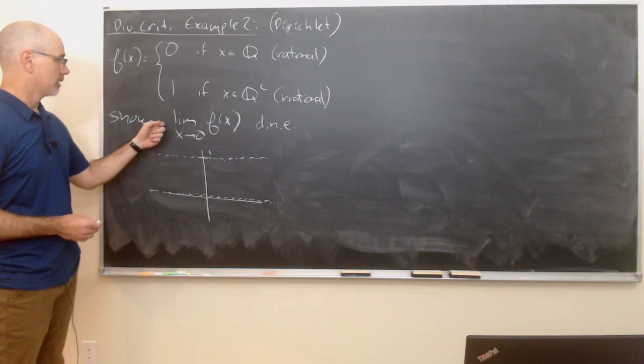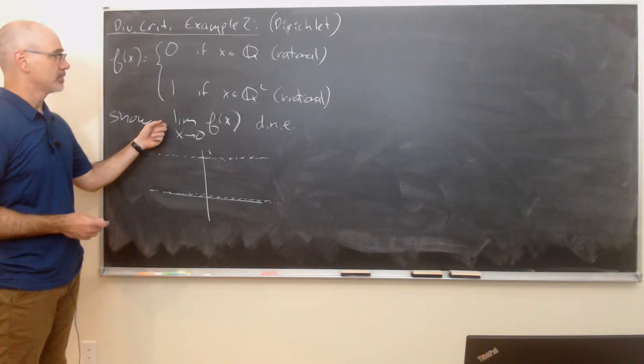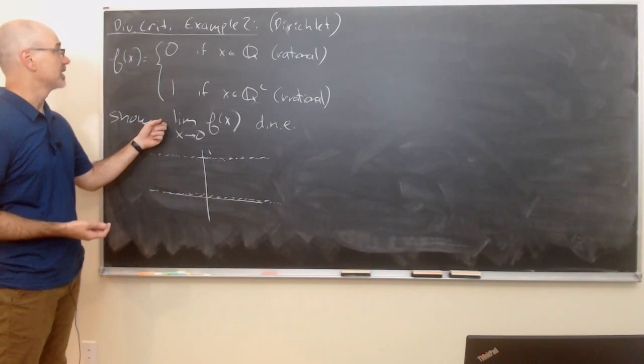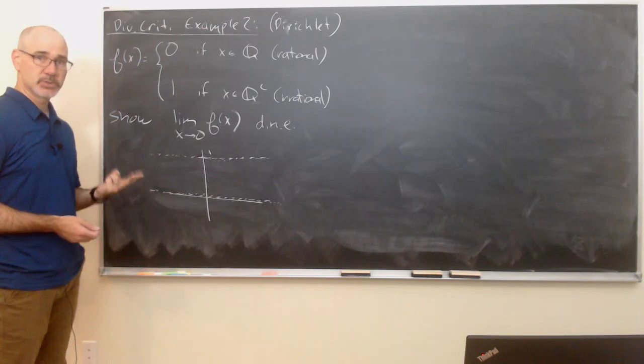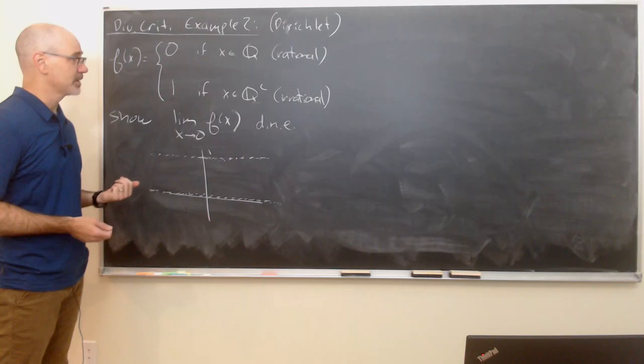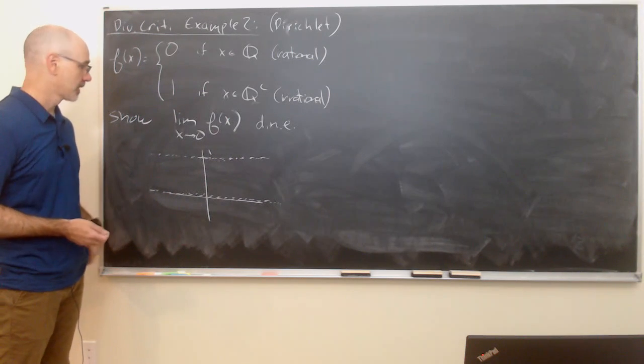All right, now our one tool so far to show that a limit doesn't exist is the divergence criterion, which requires us to produce two sequences whose limits under f are different.